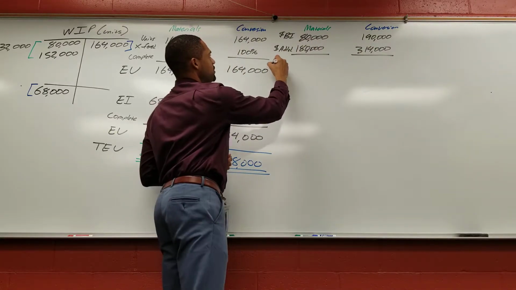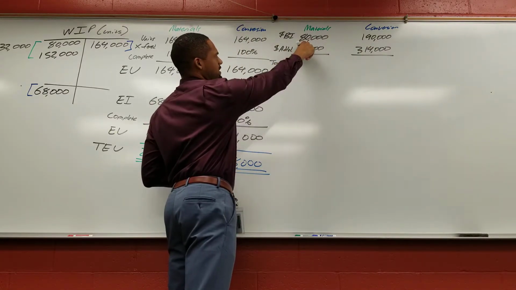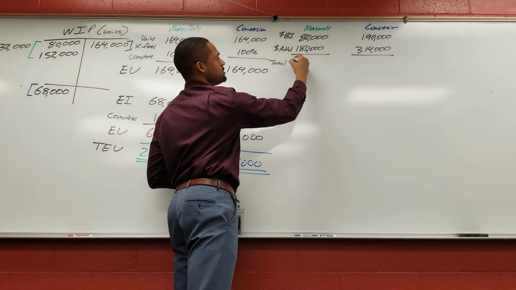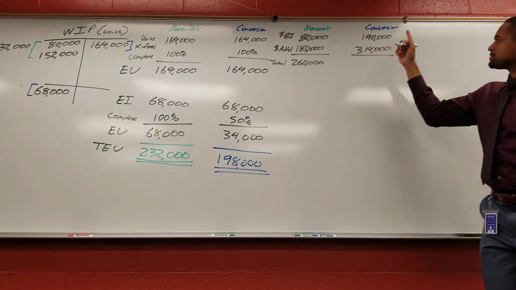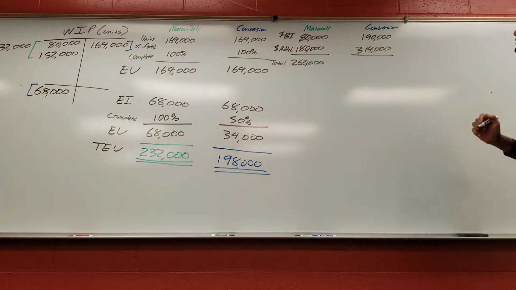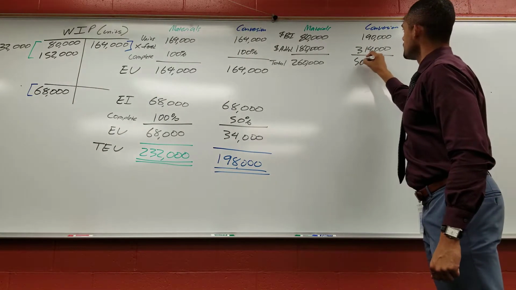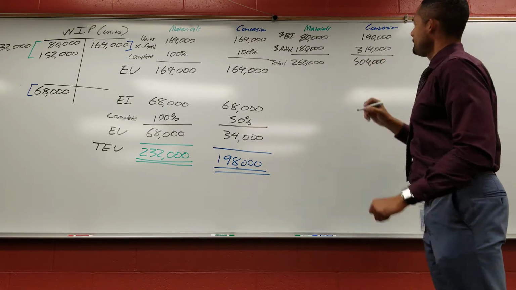And then we get a total. 80,000 plus 180,000 gets us 260,000. 190,000 plus 314,000 gives us 504,000. Excellent.